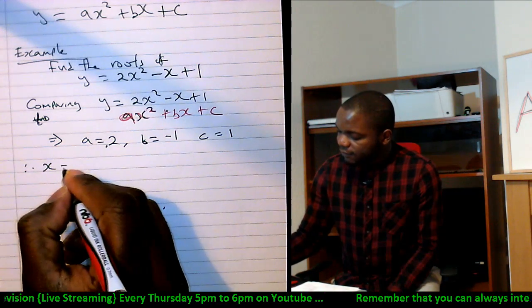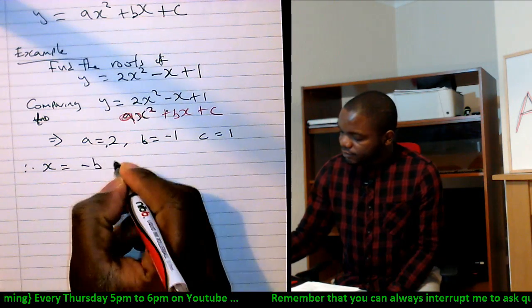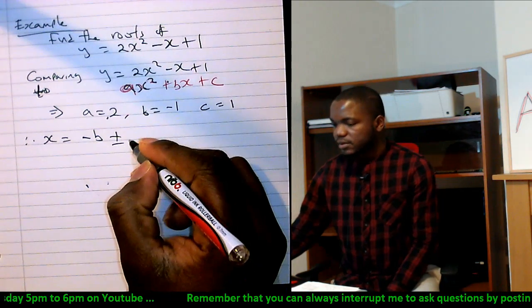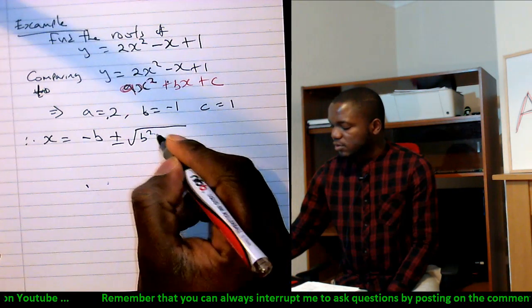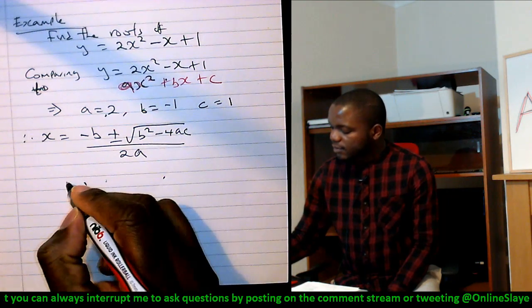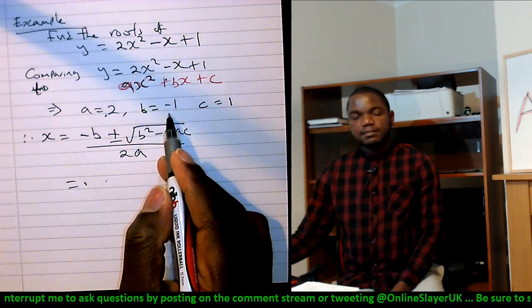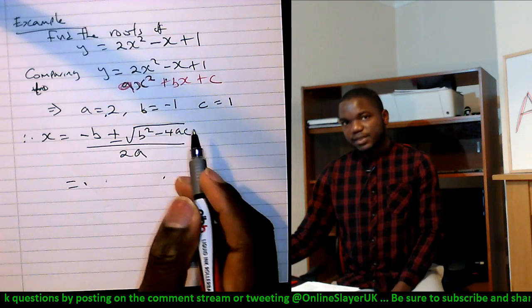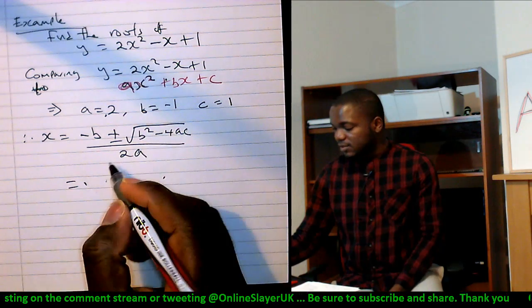Using the formula, therefore, x is minus b plus or minus square root of b squared minus 4ac all over 2a. Minus b. Our b is minus 1. So minus b is, minus 1 is plus 1.